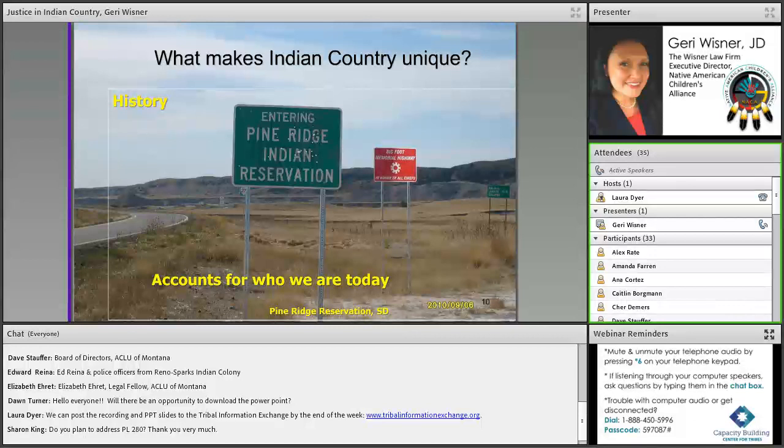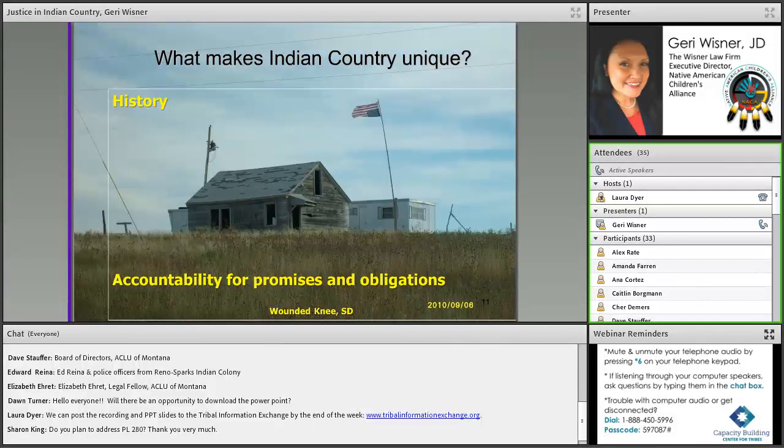That's how I identify, and it accounts for who we are today. The history also spells out where we are. Why are there so many natives in Oklahoma, in California, in Alaska? You can look at the census and then look at history, and those play a significant role in what we're doing and where everyone is.